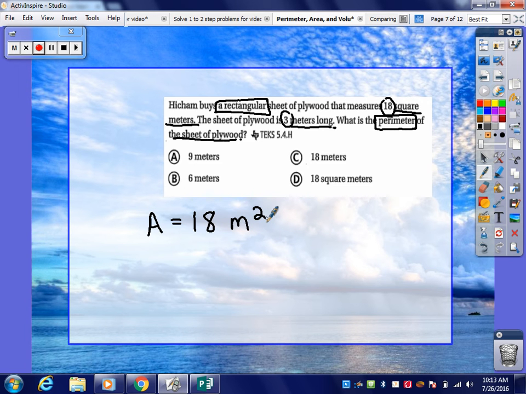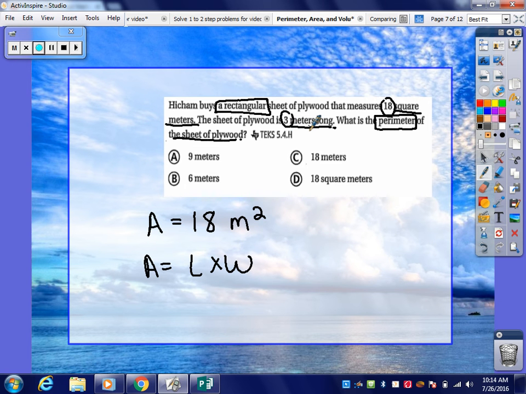In the formula, if you look on your STAR reference sheet, what is the formula for area? John? Okay, good. Length times width. So area equals length times width. And we saw up here that one side is 3 meters.